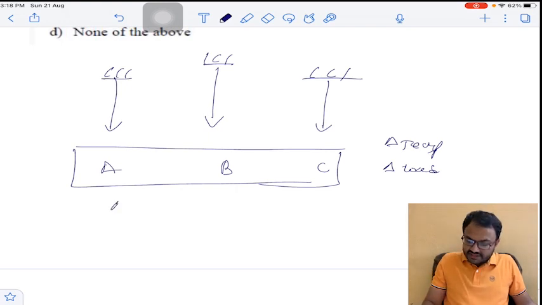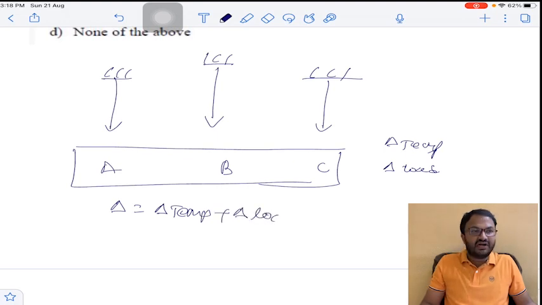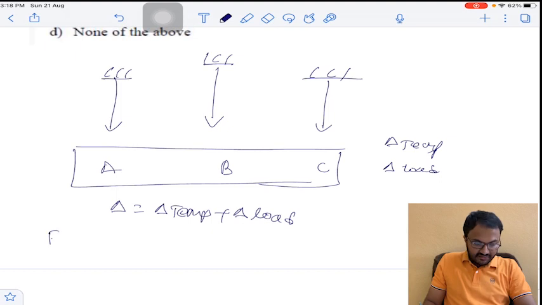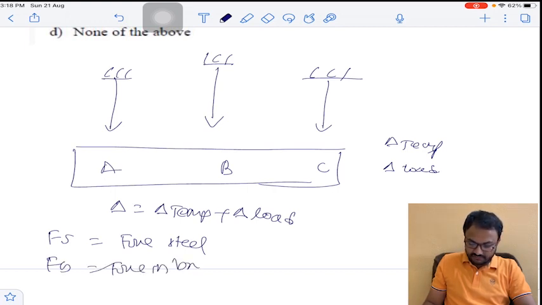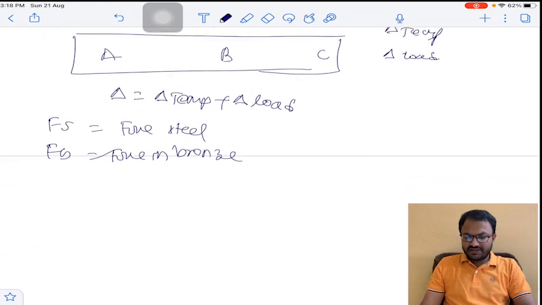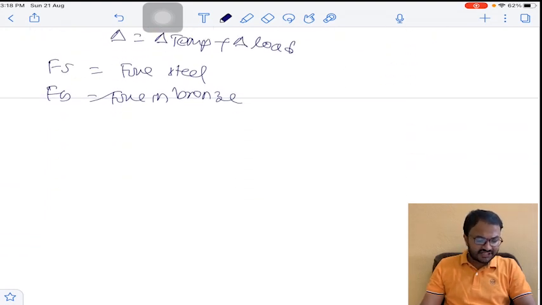The total deflection is equal to delta temperature plus delta load. So now I am taking Fs as the force in the steel bar and Fb as the force in the bronze bar. Clear? Now I am equating this deflection in steel as well as in bronze.